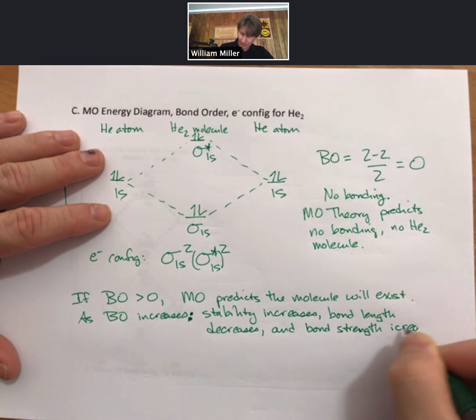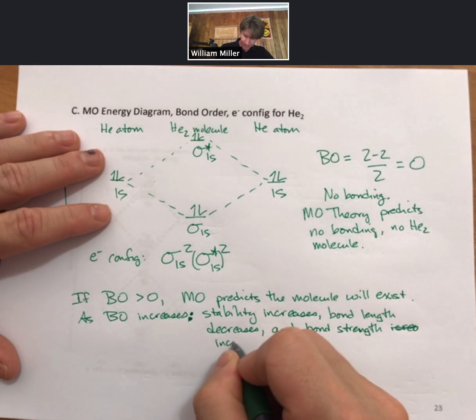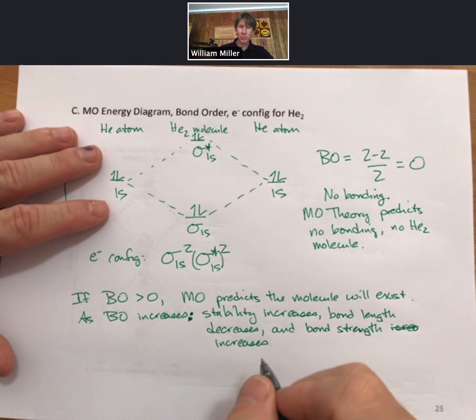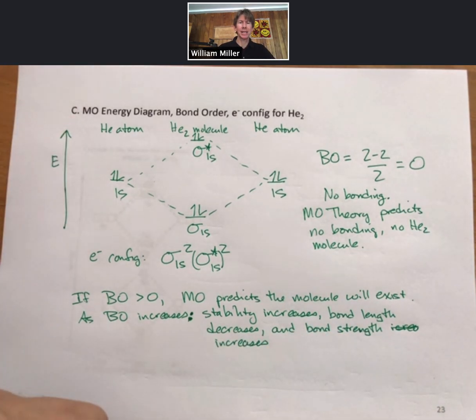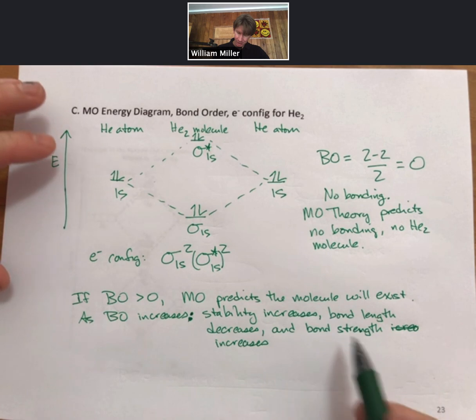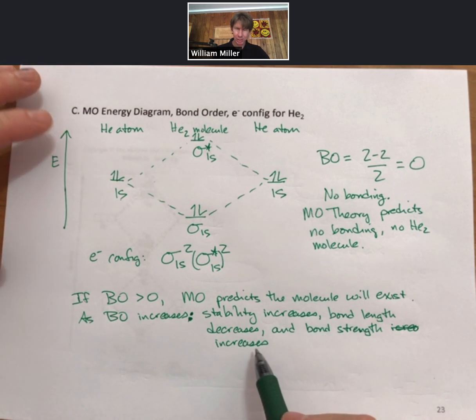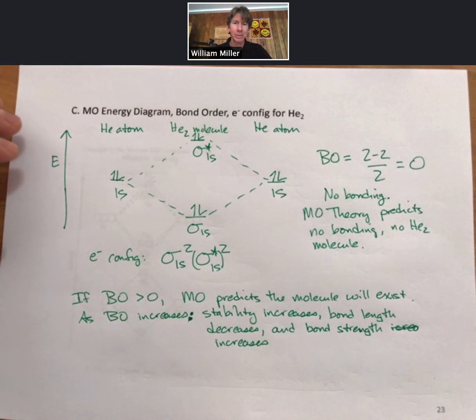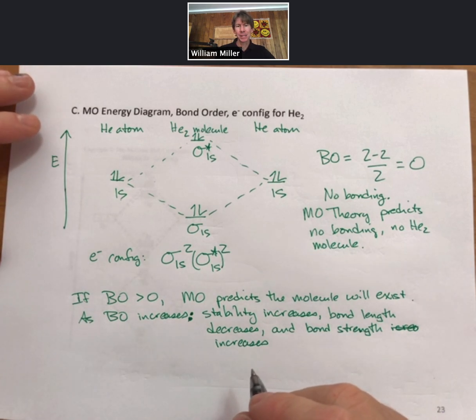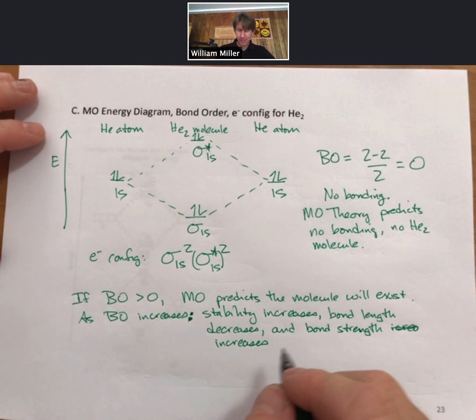And this is nothing new, because we've talked about this as trends that we've seen from drawing Lewis structures, with a triple bond being shorter and stronger than a double bond, and so all those trends still apply to molecular orbital theory.